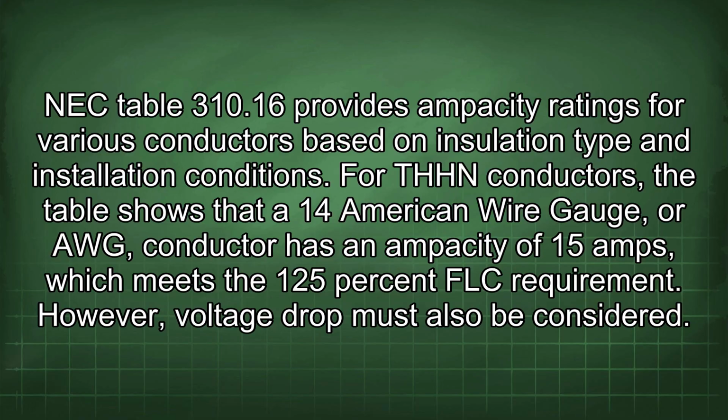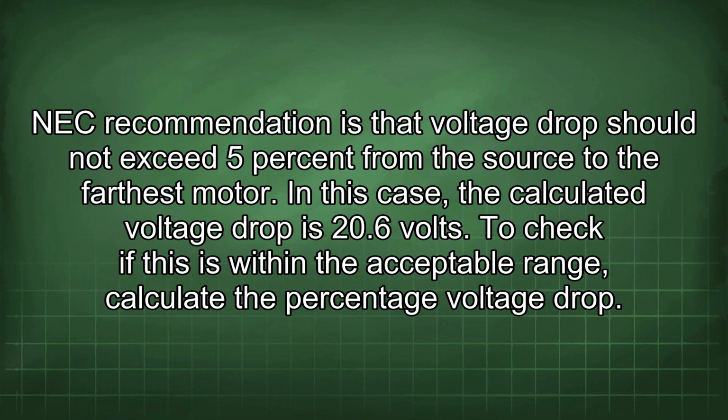However, voltage drop must also be considered. The NEC recommendation is that voltage drop should not exceed 5% from the source to the farthest motor. In this case, the calculated voltage drop is 20.6 volts. To check if this is within the acceptable range, calculate the percentage voltage drop.